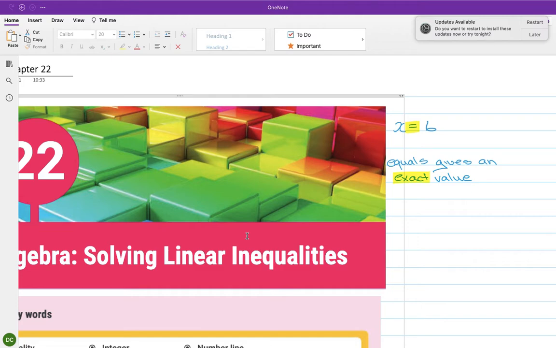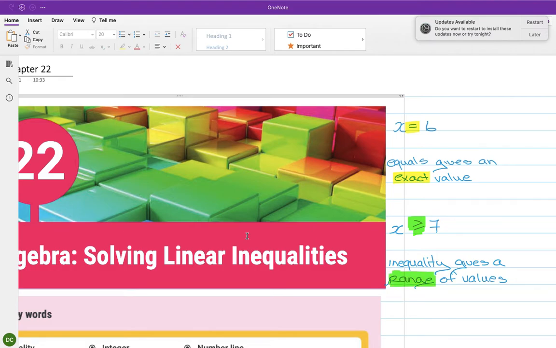Whereas with inequalities, for example, an inequality gives a range of values. It doesn't give one value, it gives a range or a set of values.